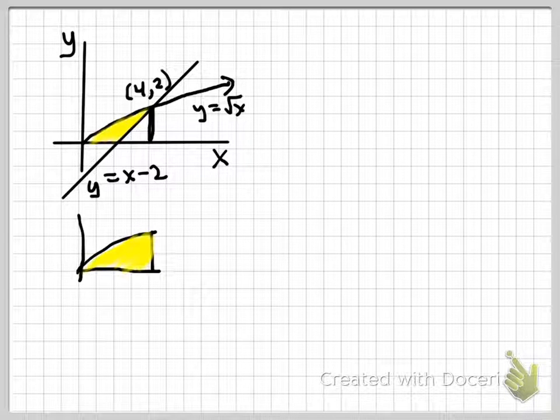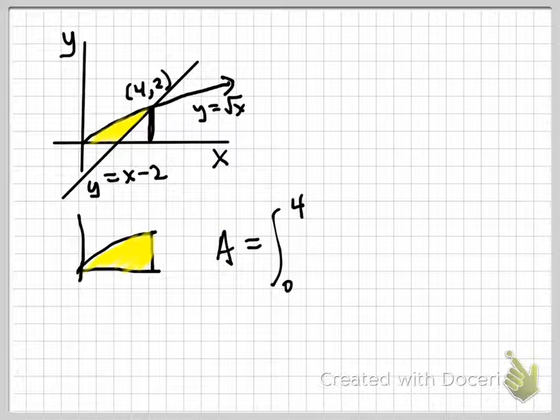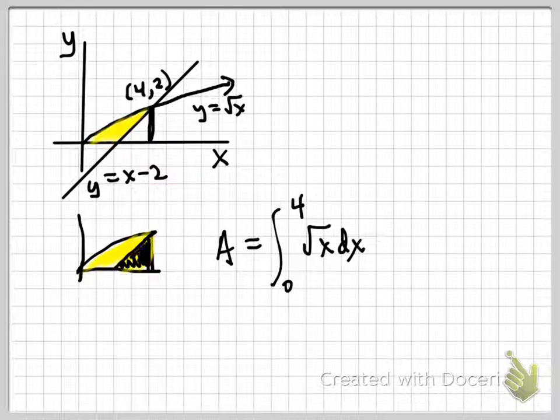And so that would be the integral all the way from 0 to 4 underneath square root of x. But then what piece don't we want? We don't want this little triangle here.